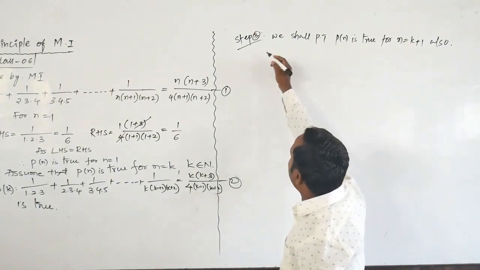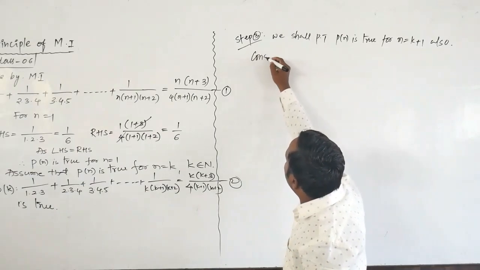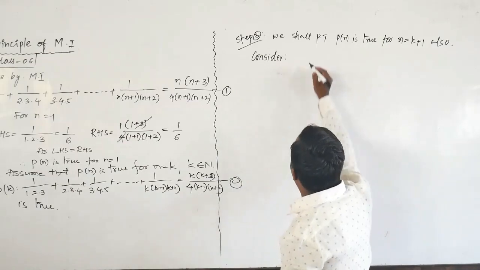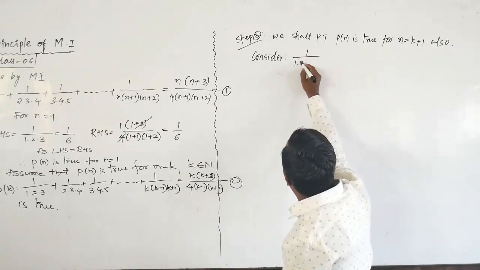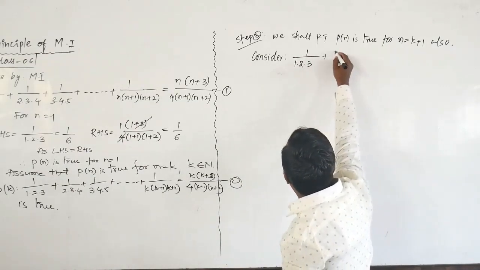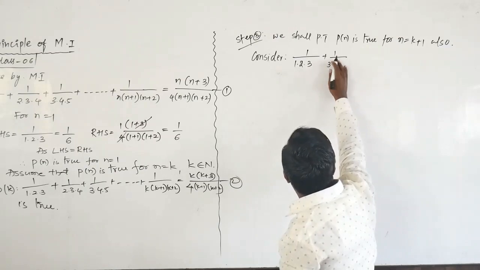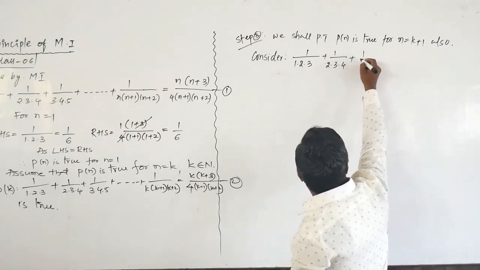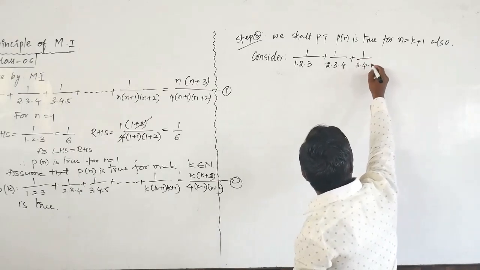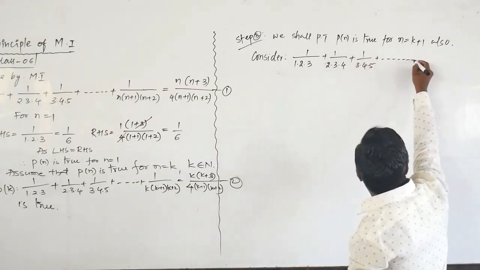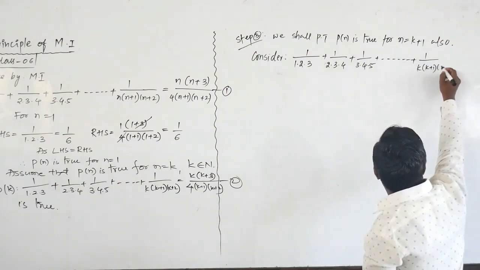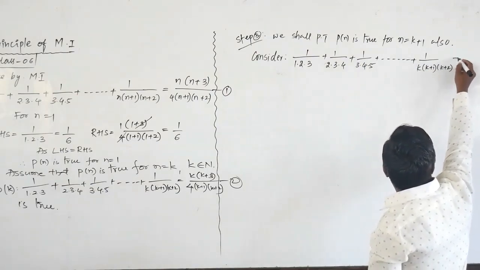Step 3: we need to write the k plus 1 terms. First term 1 by 1 into 2 into 3, second term 1 by 2 into 3 into 4, third term 1 by 3 into 4 into 5 and so on. The kth term is 1 by k into k plus 1 into k plus 2.